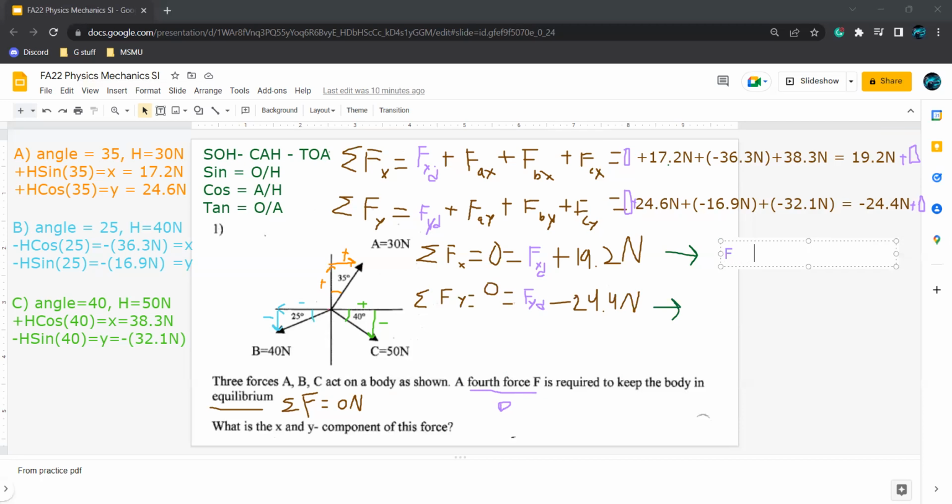I'll leave space for it. Negative 19.2 newtons. And F of y equal to positive 24.2 newtons.